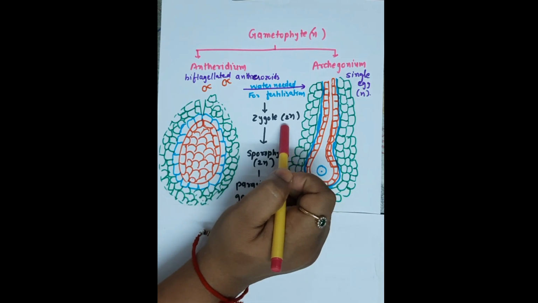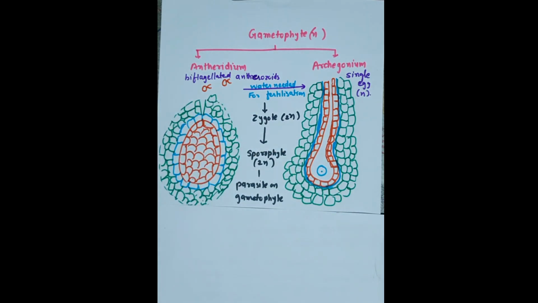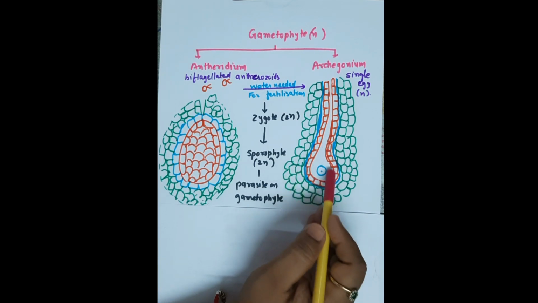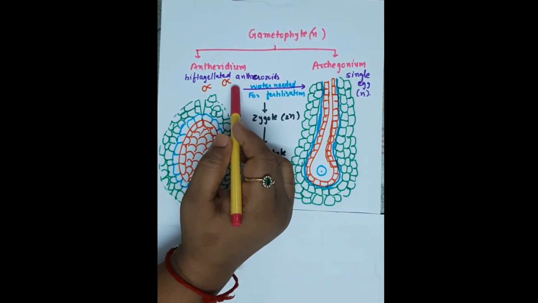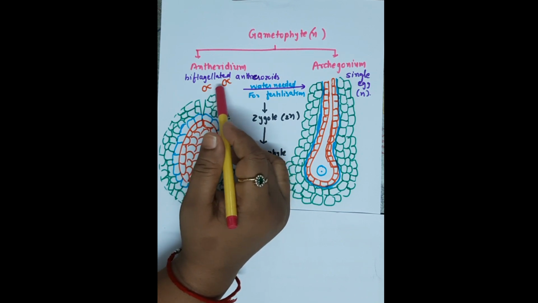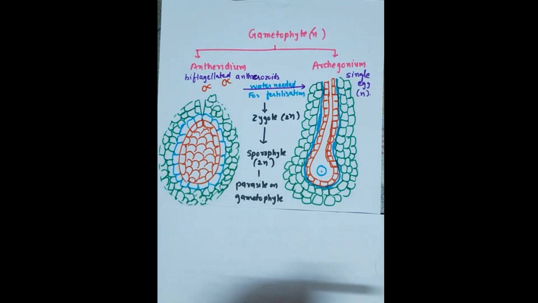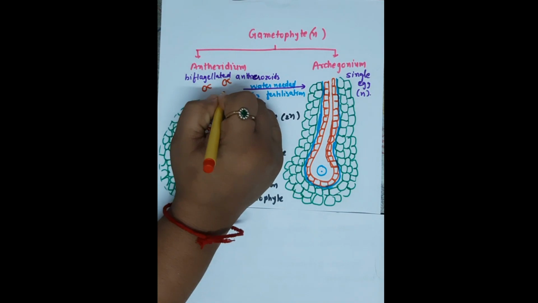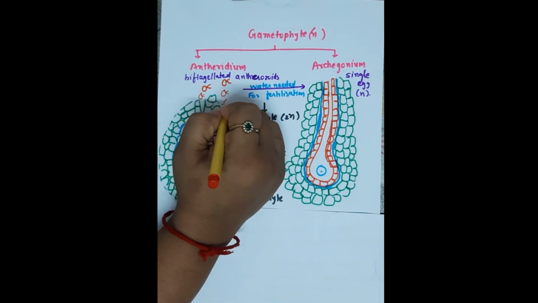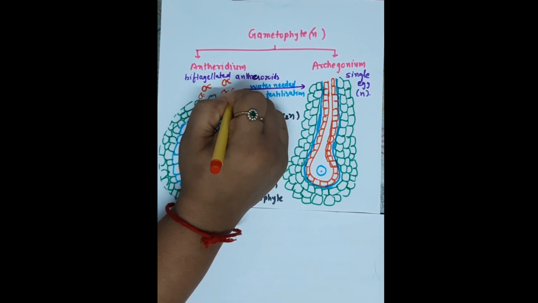So this is most important: the male sex organ is the antheridium, and the female sex organ is the archegonium, which is flask shaped. Anthrozoids are biflagellated. The antheridium produces many anthrozoids, but the archegonium, which is flask shaped, produces only one egg cell.